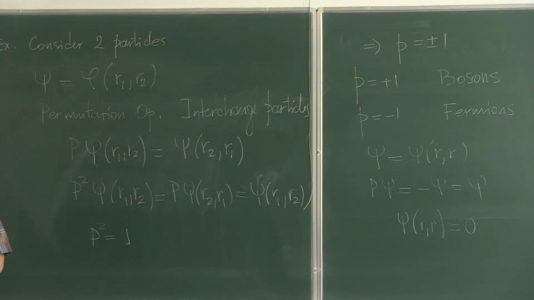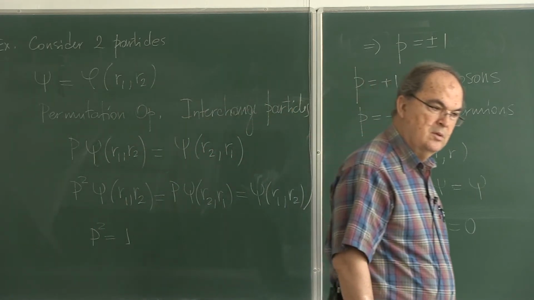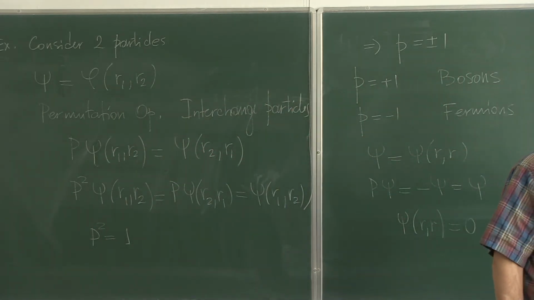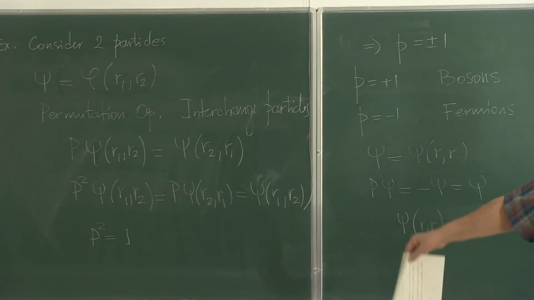That's why we associate the state with -1, which changes sign under permutation, with fermions. It is in line with the exclusion principle. Okay? You cannot put two particles into the same state if they have this property under permutation.